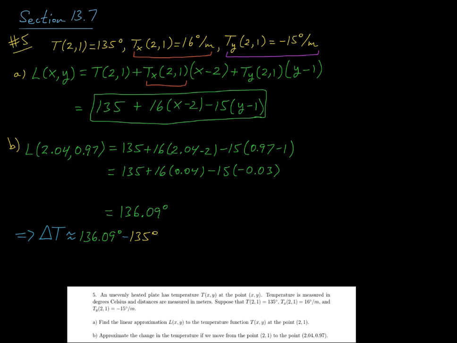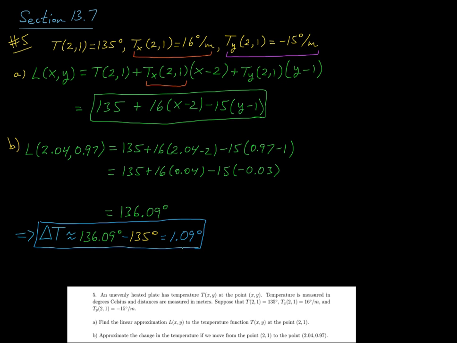Okay, and so there we're getting an approximate change of 1.09 degrees. Now, that's all fine and good, and we are done with the problem. I mean, we've answered what it was asking us to do, and this is all good and fine.